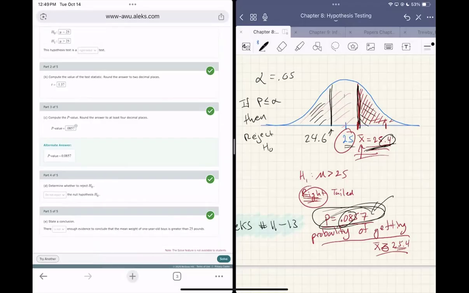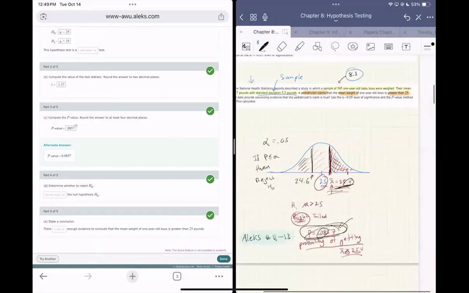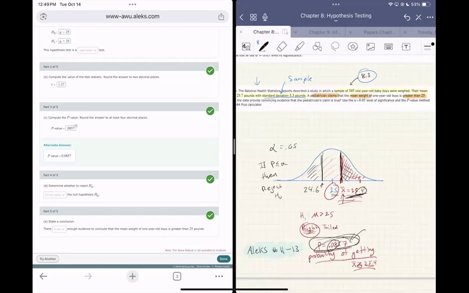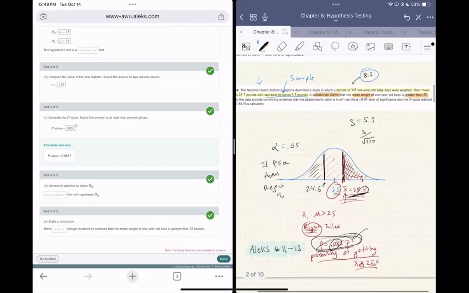Even though it might seem to us that 25.4 is pretty close to 25, that's actually pretty rare, essentially because we have a standard deviation of 5.3, but then you have to divide that by the square root of the sample size, which was 330, and that makes this thing really small.